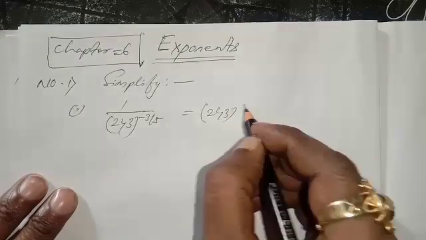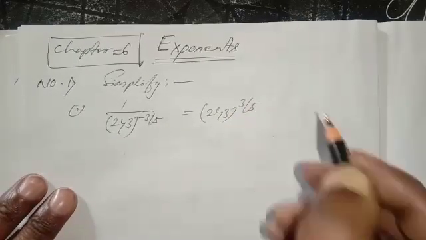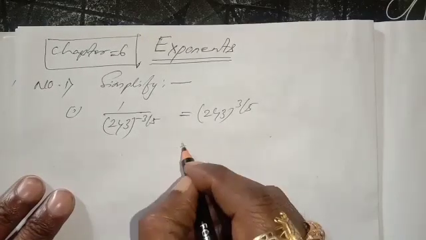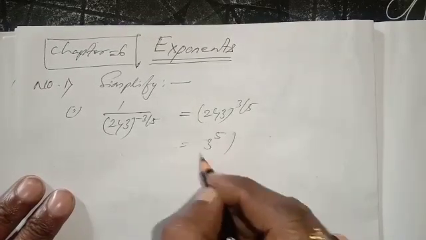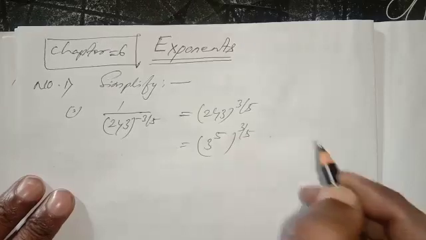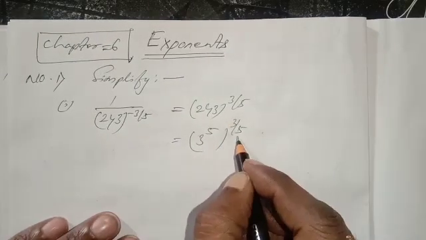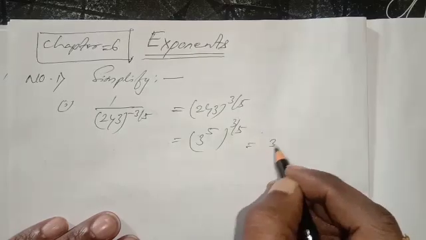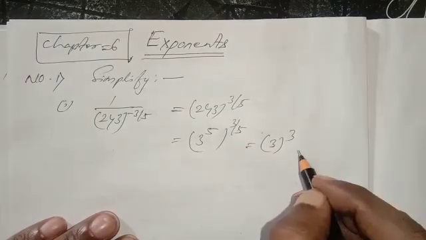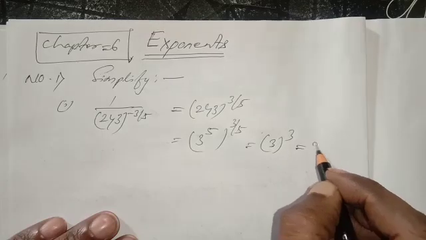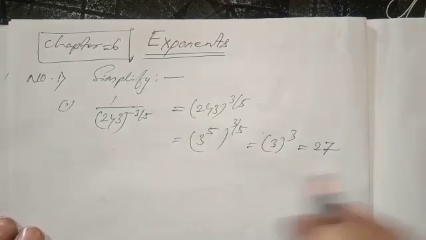The negative power will be positive power, that is 3 by 5. 243 means 3 to the power 5, whole to the power 3 by 5. If 3 is multiplied 5 times, the answer will be 243. Now the 5 cancel, finally we are getting 3 to the power 3. 3 cube means 3 into 3 into 3, that is 27. This is the answer of number 1 first part.